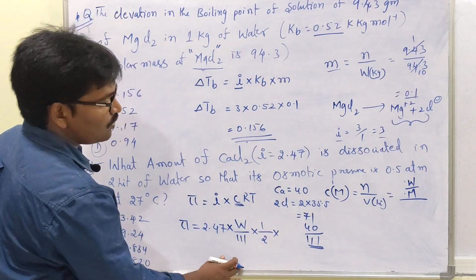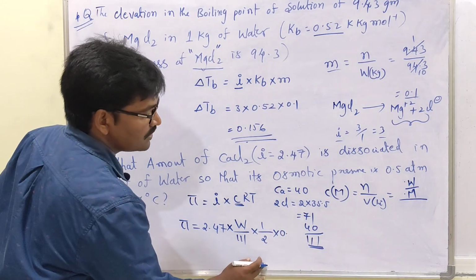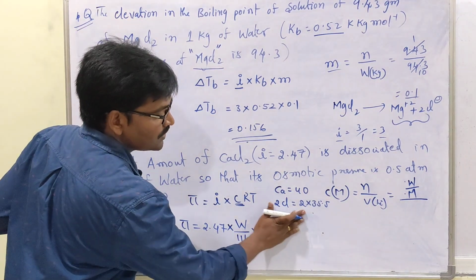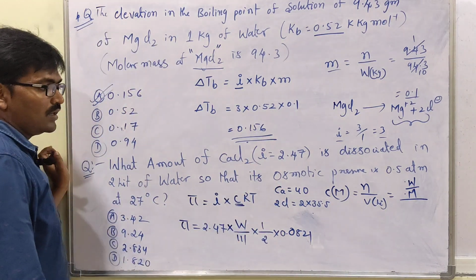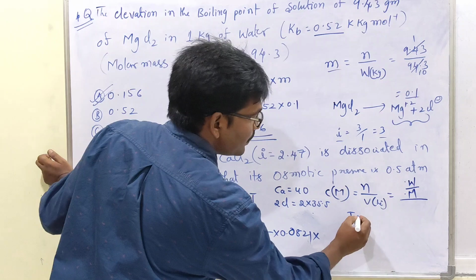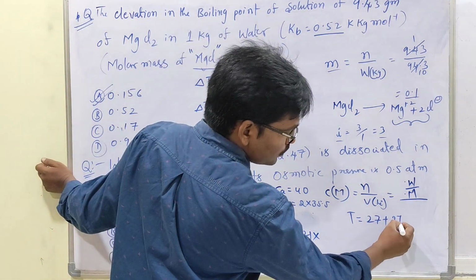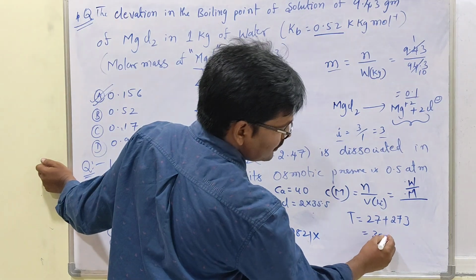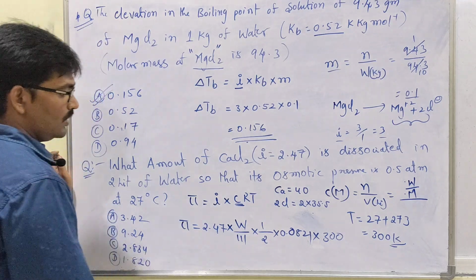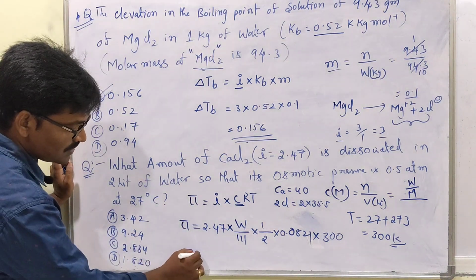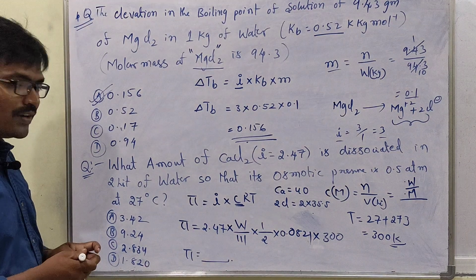Then into R value, 0.0821 in atmospheres. Temperature is 27 degrees Celsius, convert to Kelvin: 273 plus 27 gives 300 K. So multiply with 300. If you do this, you can get the answer.